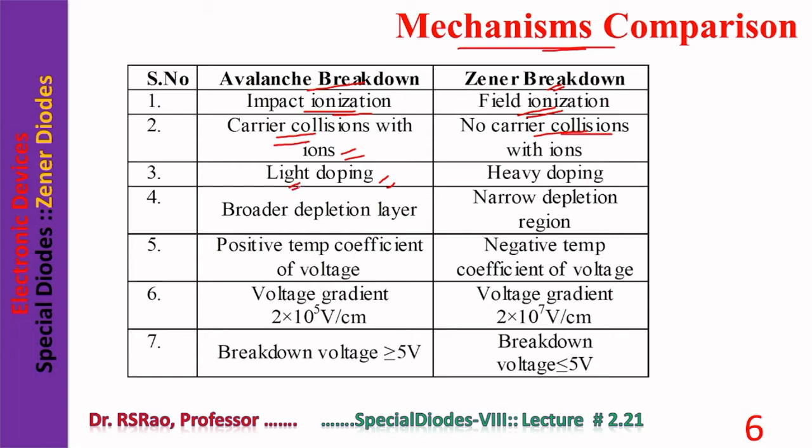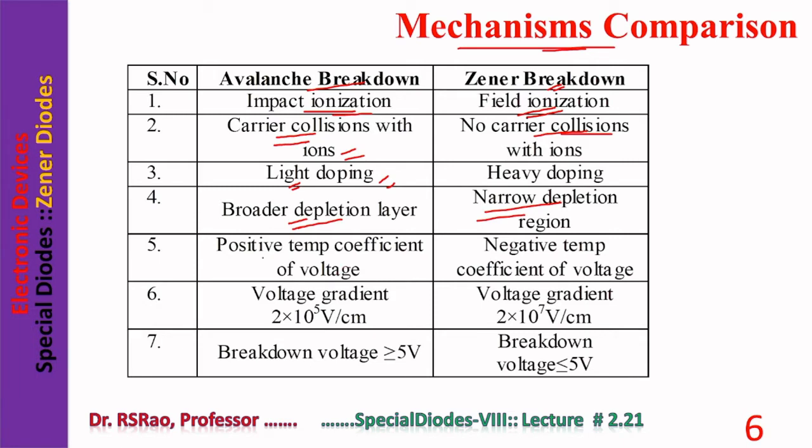Here light means when compared to the doping level in Zener diodes. Similarly, in avalanche breakdown, you can find the depletion layer broader when compared to the diode carrying Zener breakdown. So avalanche breakdown means broader depletion layer, Zener breakdown means narrow depletion region.